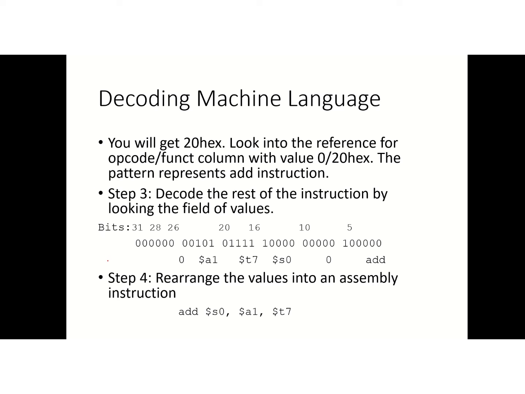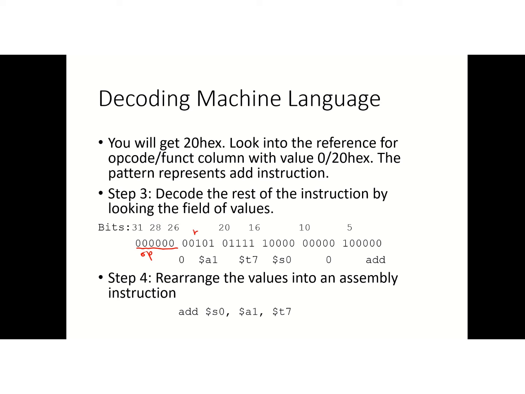Depending on the format, you can determine it. If the first 6 bits have a value, then it is not an R format; it can be I format or J format. So the key is the opcode field here. If it's 0, then you can just divide it to become an R format.